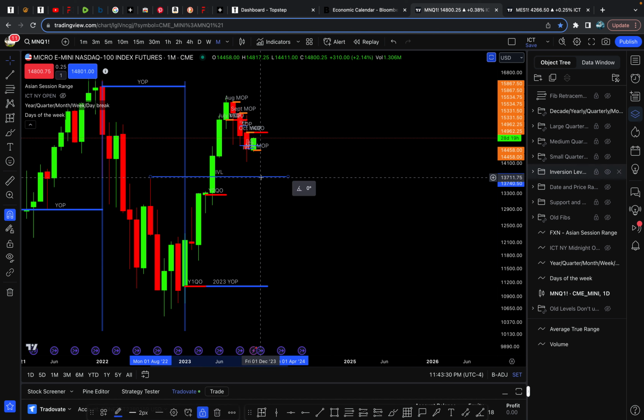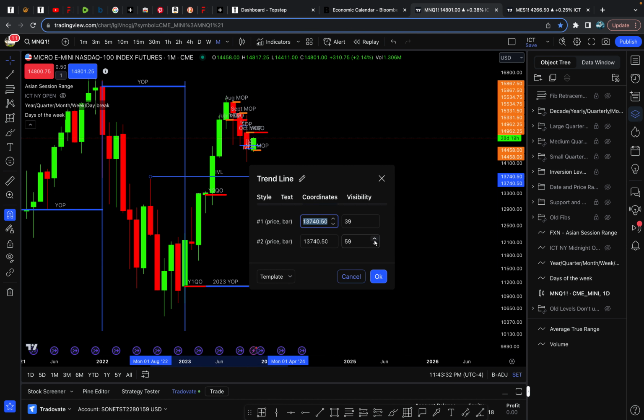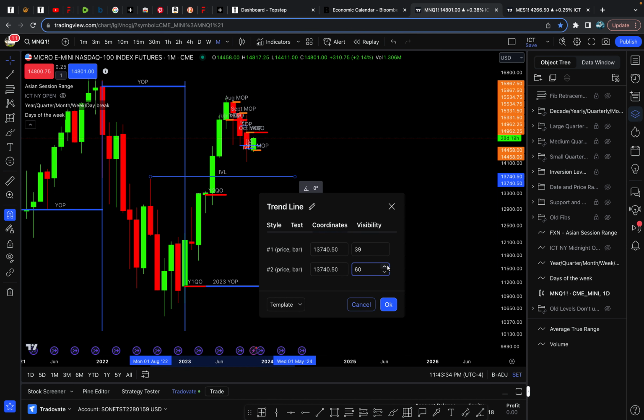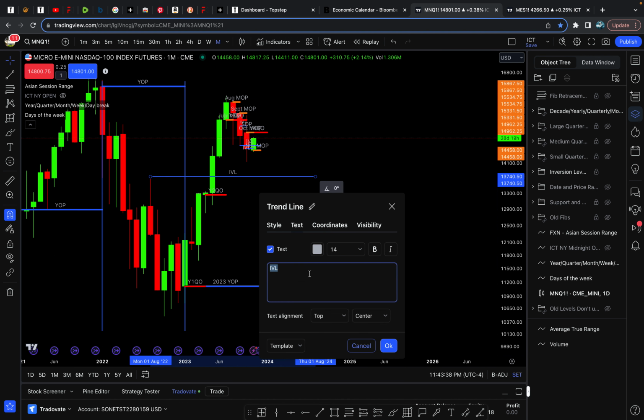So if I wanted to be more precise about the description, I could say something like 2022 second quarter high or something like that.